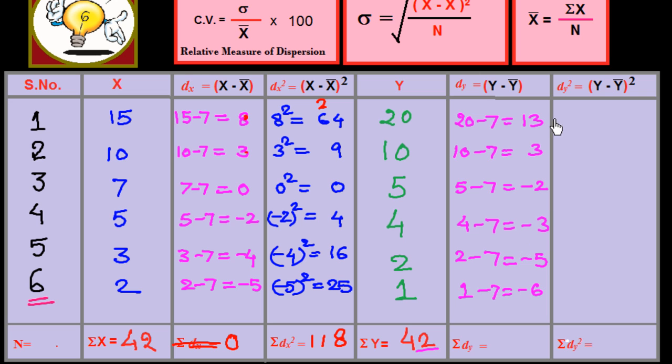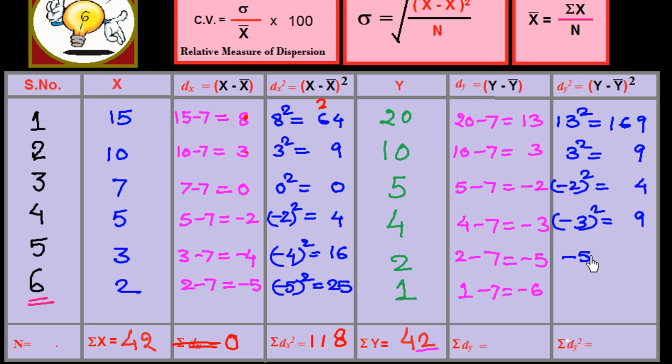Now we make the square of all these. So we see 13 square, which is 169. 3 square, which is 9. Minus 2 square, which is 4, positive 4. Minus 3 square, which is positive 9.